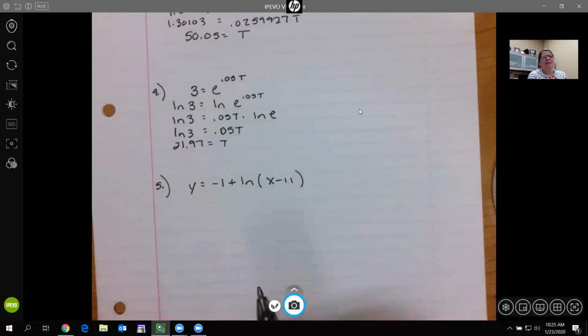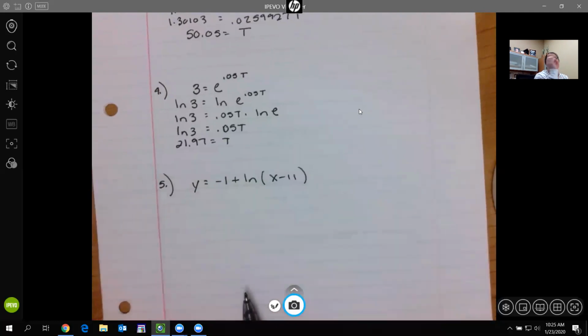I'm getting out e to what power. So no matter what I put in an exponent, whether it's negative or positive, I get a number answer that's not negative. So remember, if I put in a negative exponent, I get 1 over that.